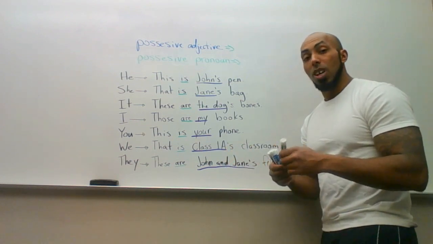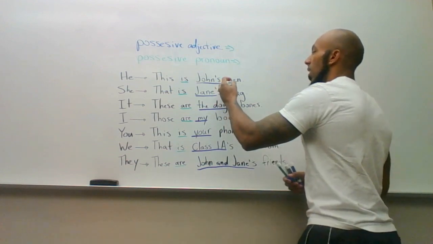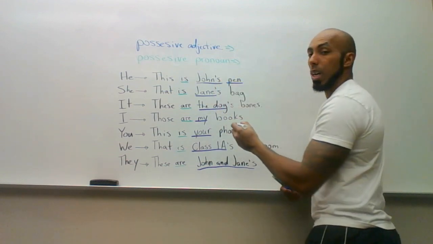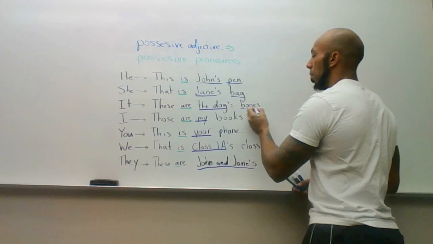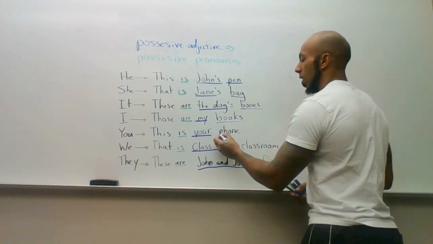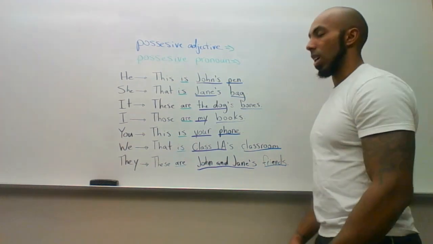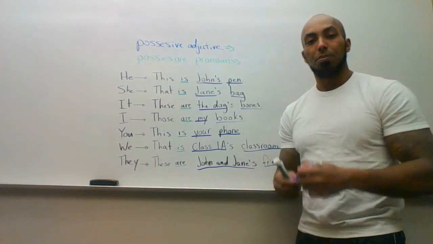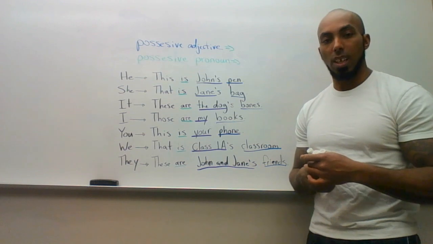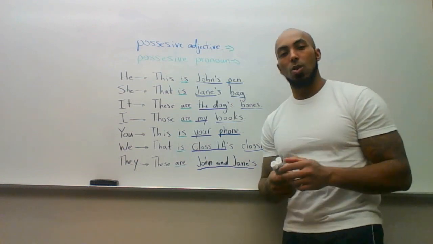And our subjects are going to be underlined in blue: pen, bag, phones, books, phone, classroom, and friend, okay? So we still have the basic parts of an English sentence. So let's get to it.